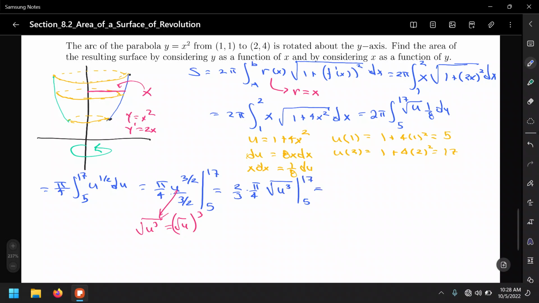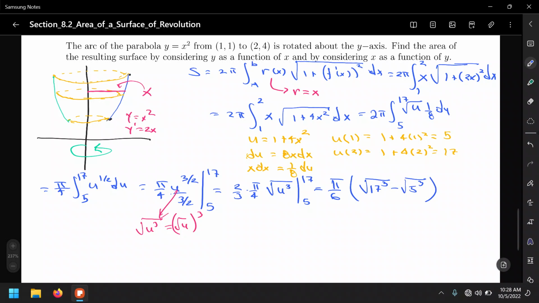Simplifying, the 2/3 times pi over 4, that reduces to 2/4 reduced to 1/2 times 1/3. That should be pi over 6. Alright, pi over 6, and that's the square root of 17 cubed minus the square root of 5 cubed. And yes, we need to reduce these square roots.